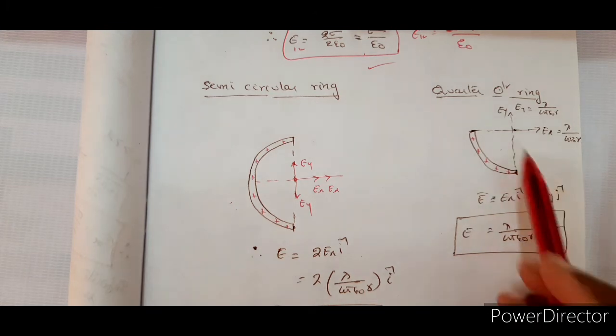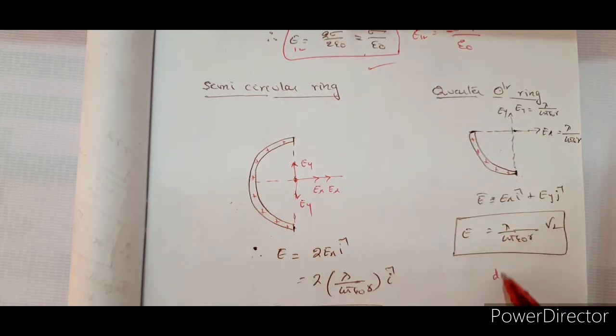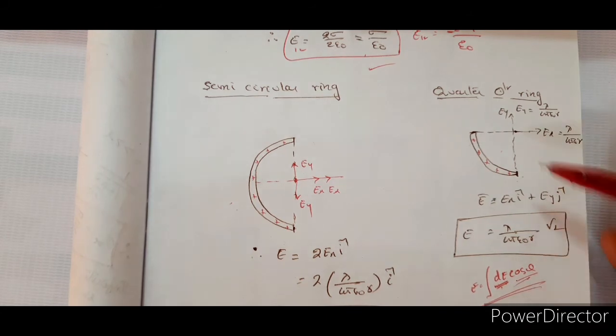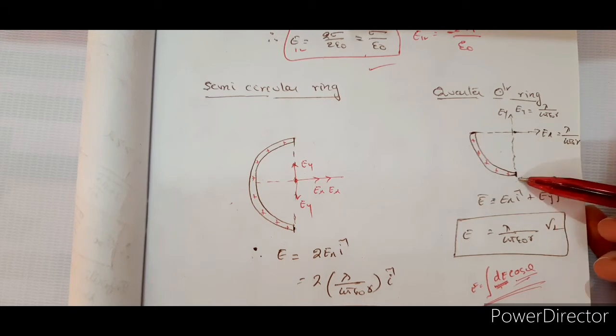Similarly here, dE is equal to dE cos theta, so E is equal to integral dE cos theta, where dE is equal to r d theta cos. So in place of dq, while replacing and then applying the limits, as you have already seen for the circular ring, the same concept extends here between the limits 0 and pi by 2.